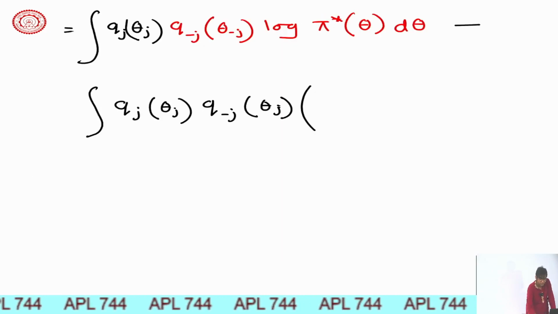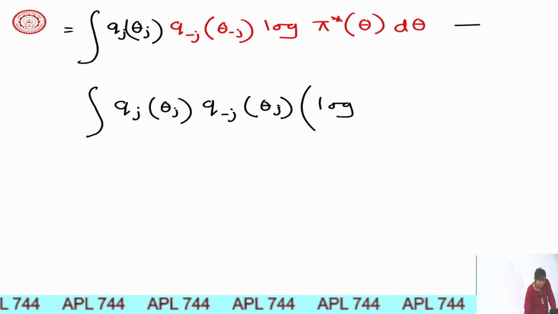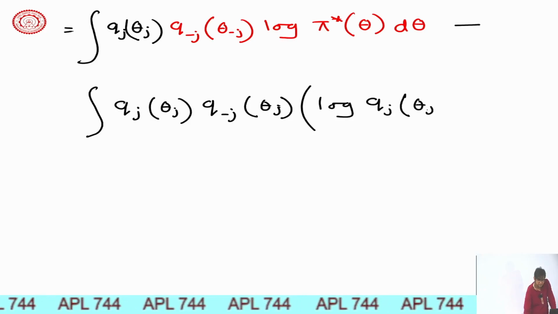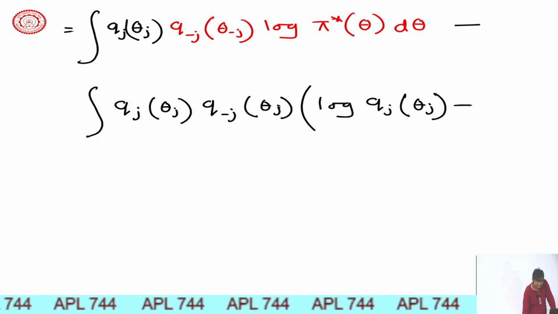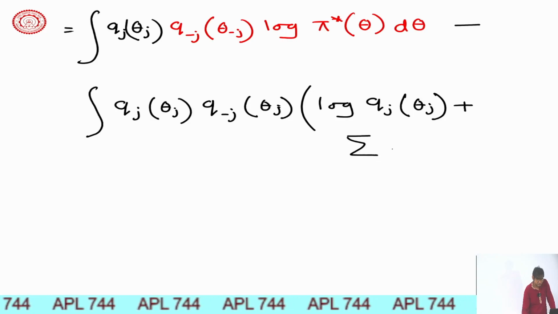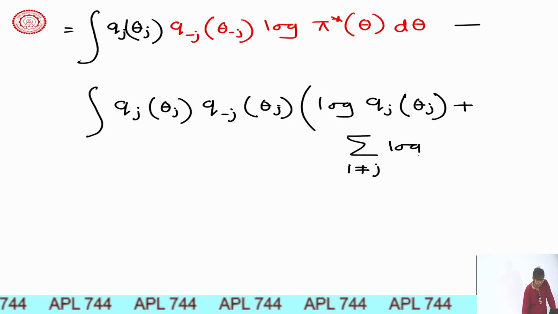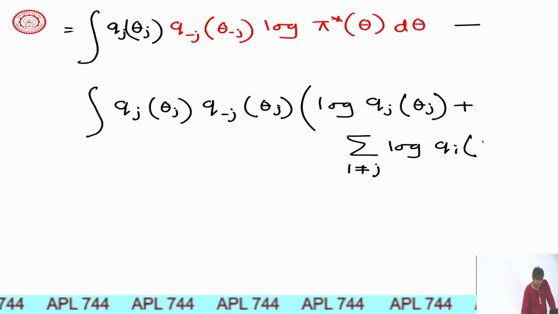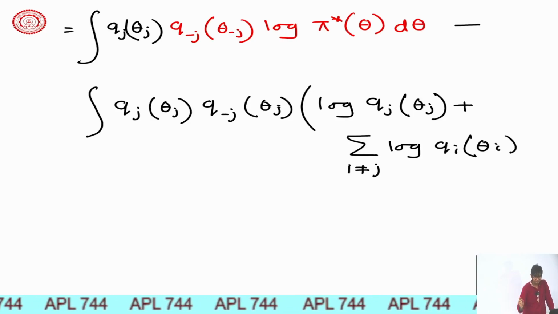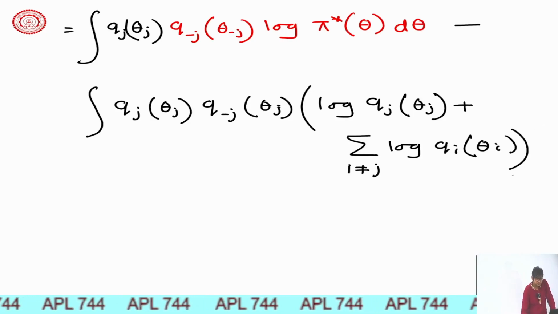So you will have log of qj theta j, right, plus the summation over i not equal to j of log of qi theta i. I did not write that notation, but that's okay, I guess. d theta. Any doubt? Straightforward, right?